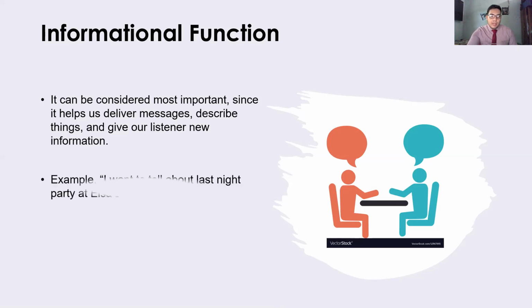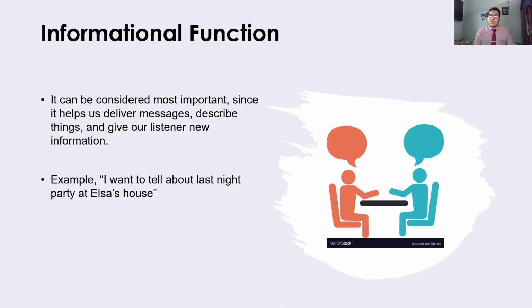Let's see. Okay, our example is: I want to tell you about last night's party at Elsa's house. All right. What are you doing here? Yes, you are providing information to the person you're talking to. And what is the information about? Yes, it's about last night's party.